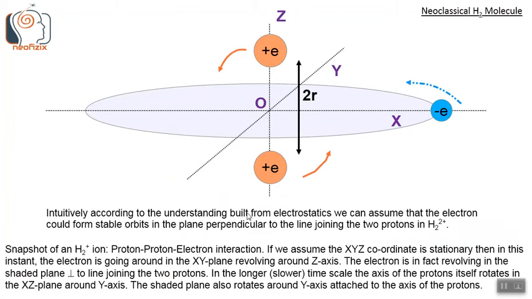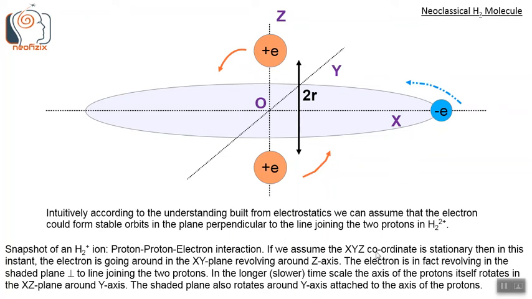Intuitively, according to the understanding built from electrostatics, we can assume that the electron could form stable orbits in the plane perpendicular to the line joining the two protons in H2+. So here we see a snapshot of the H2+ ion, the hydrogen molecular ion. It has three particles, proton, proton, electron, and we are showing the interaction here.